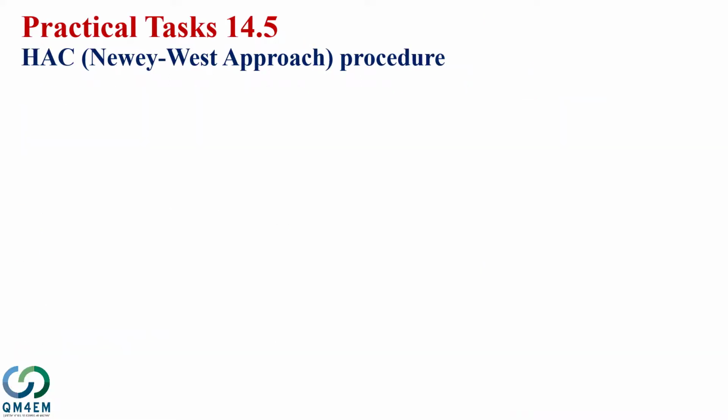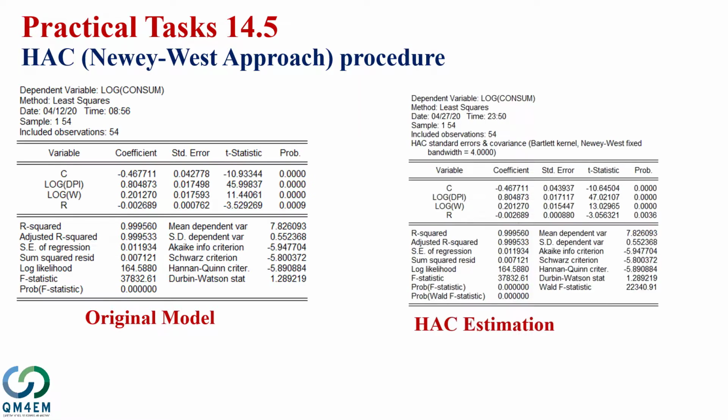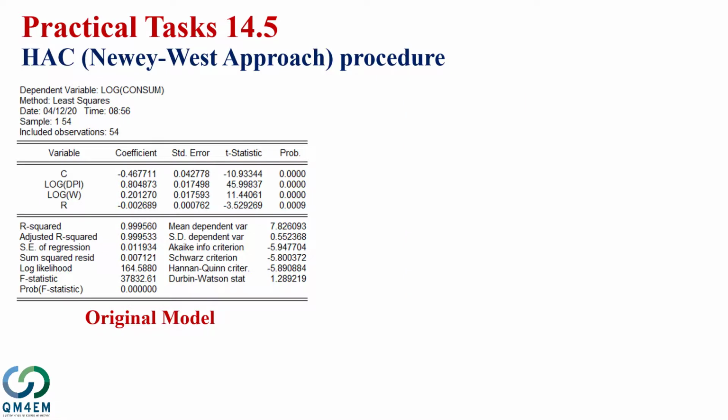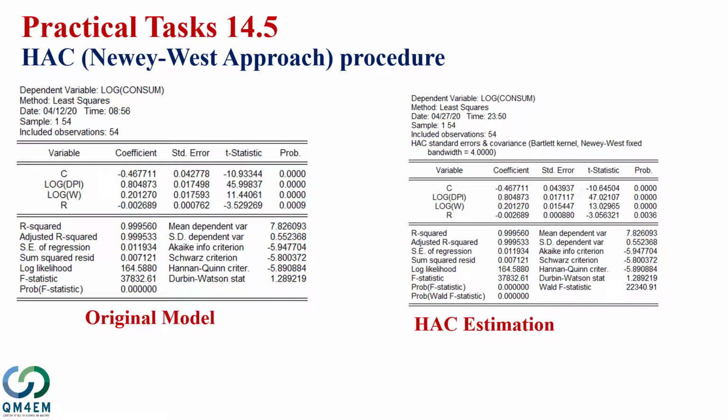So this is the result of the original model, and this is the result of the HAC method, through which you directly obtain the autocorrelation-corrected standard errors. If you compare the results of the two models, the coefficients are essentially the same: 0.80 for the first variable, 0.201, 0.002, more or less the same.